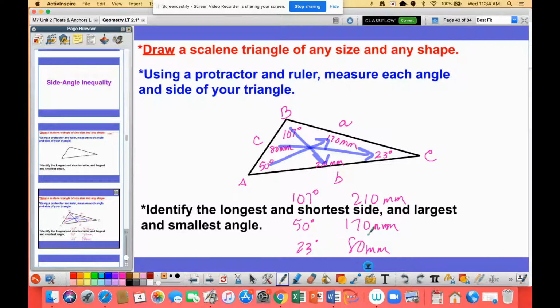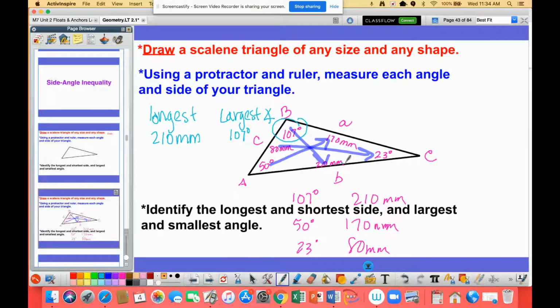And then you can see here I was listing my longest side and my shortest side. So when I think about my longest side of my triangle, my longest side was the 210. And my largest angle was my 107 degrees.